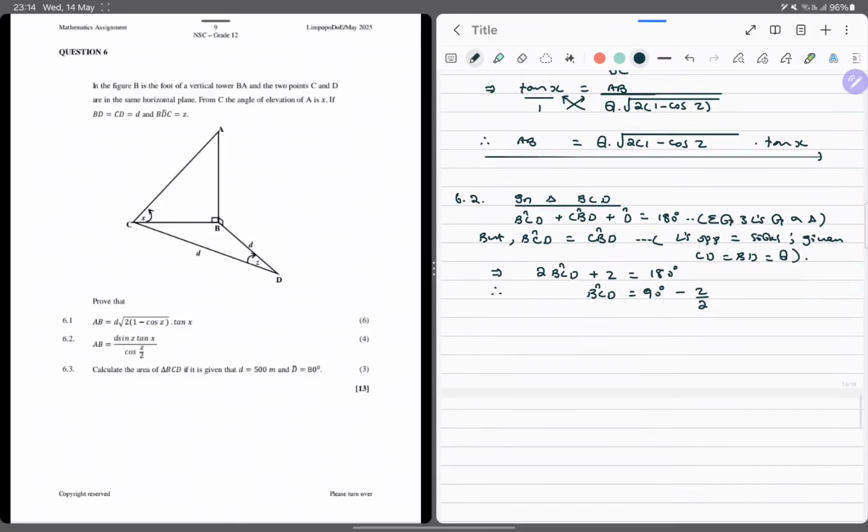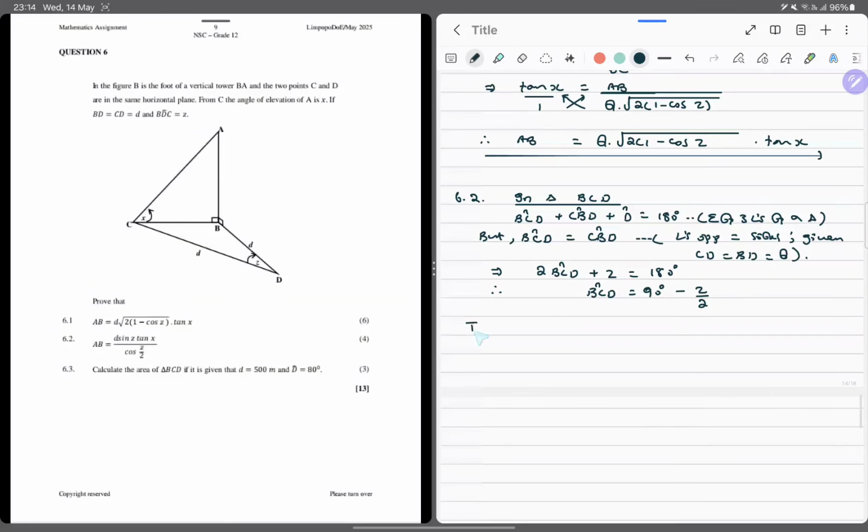Now what do we say? We can say then, we understand that BC, which is the common side, divided by the sine of the angle opposite that, which is D, should be equal to any of the other sides that we choose. So we're going to say here BD divided by sine of angle BCD, since we worked that out.